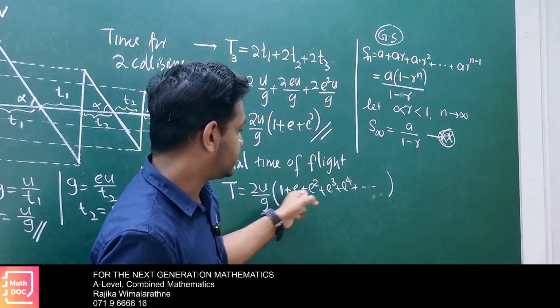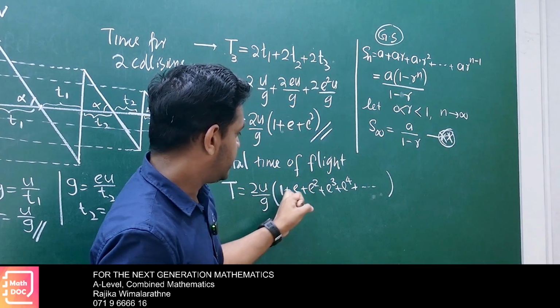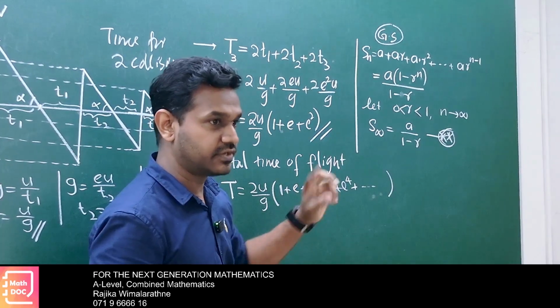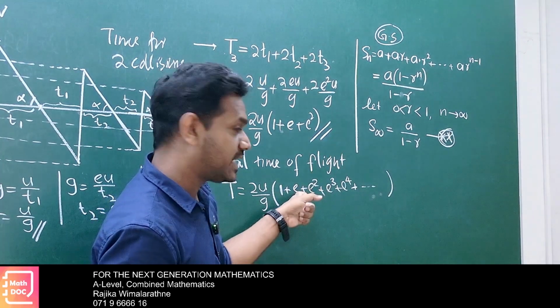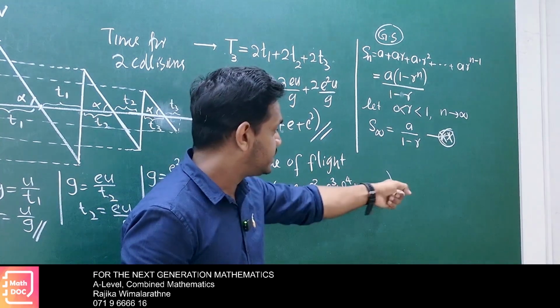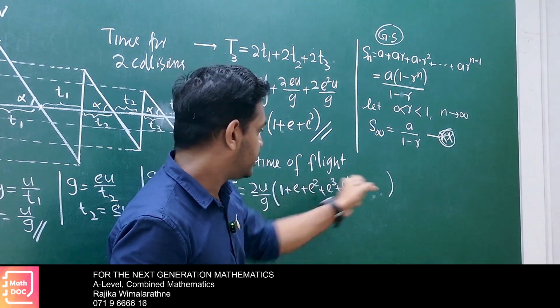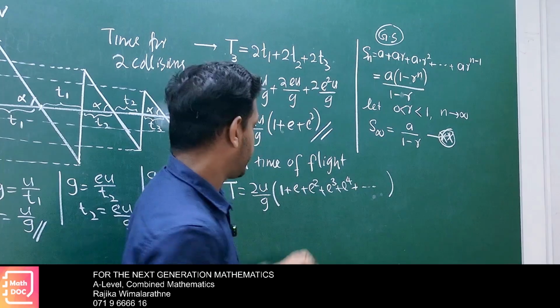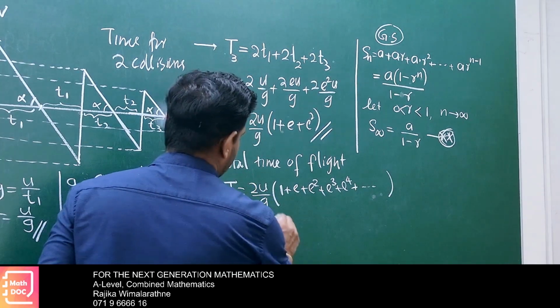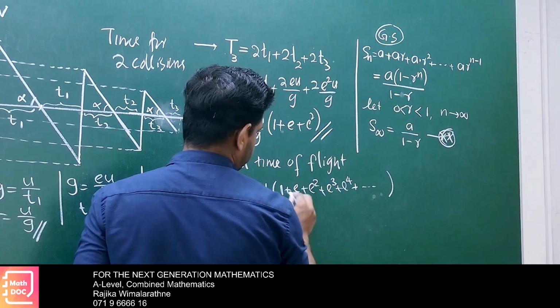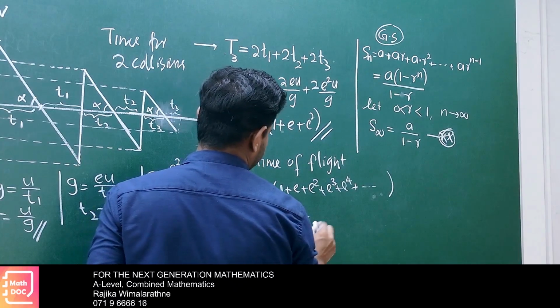So now if you take this one, here e means fraction, no? We know e, coefficient of restitution, is a value from 0 to 1. Then here infinite series sum, first term 1, common ratio e. Therefore you take the sum 2u over g, take a over 1 minus r. a means 1, 1 minus e.